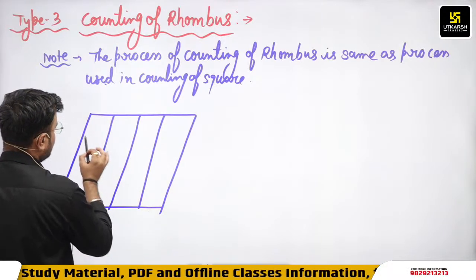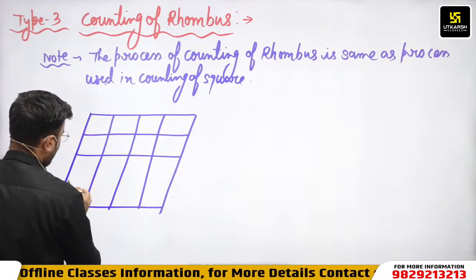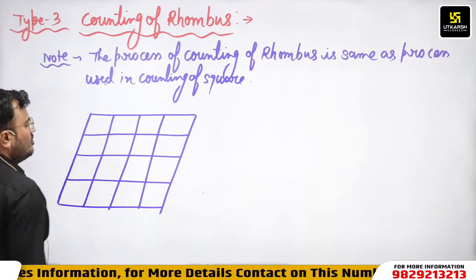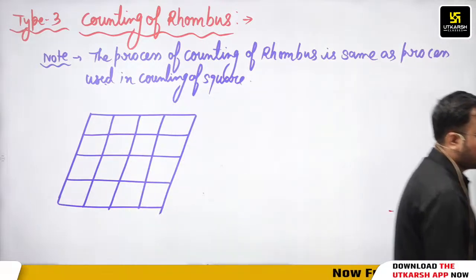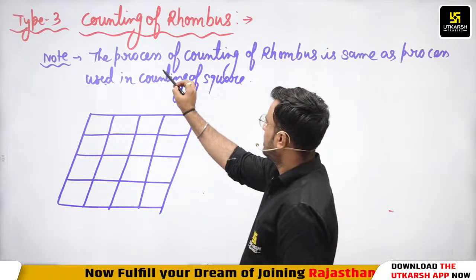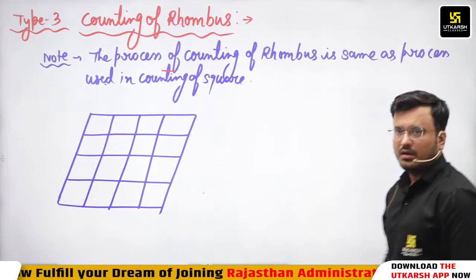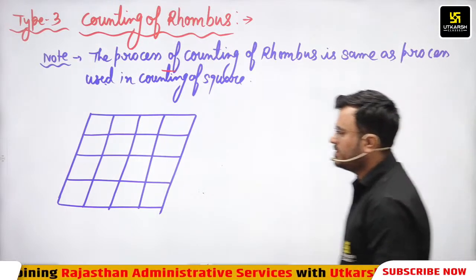So I tilted this figure, and now I am asking how many rhombus are there in this figure. And as I told you, the process of counting rhombus is the same as the process that we used in counting squares. So we need to consider how many smallest rhombus are arranged.